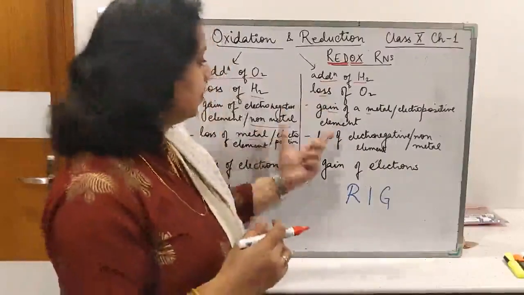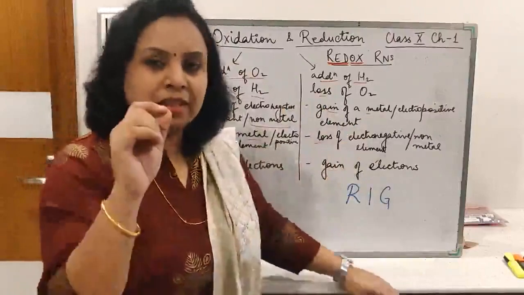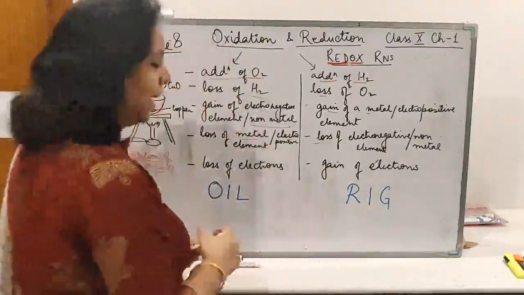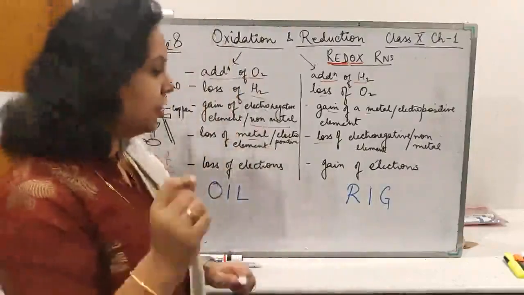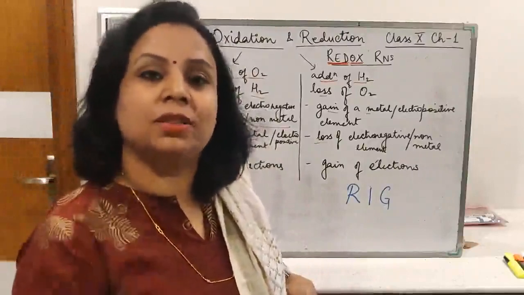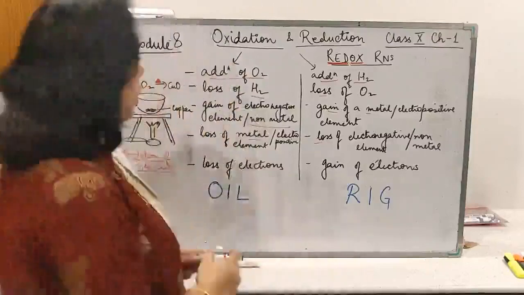But these things are a bit confusing and tricky. So, with the help of a simple mnemonic method, we can understand oxidation and reduction in a very simple way.